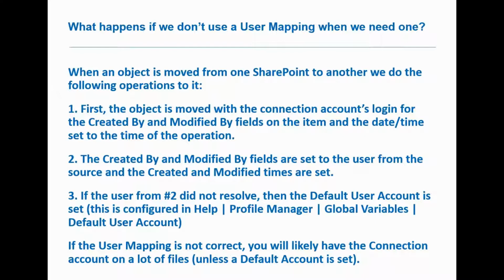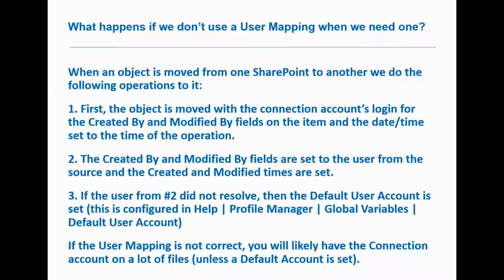This is because we want to make sure that these times and user accounts are valid, because you can get some weird behavior if you don't have core properties on items. So we want to make sure that's set correctly and get the data over there and moved successfully.